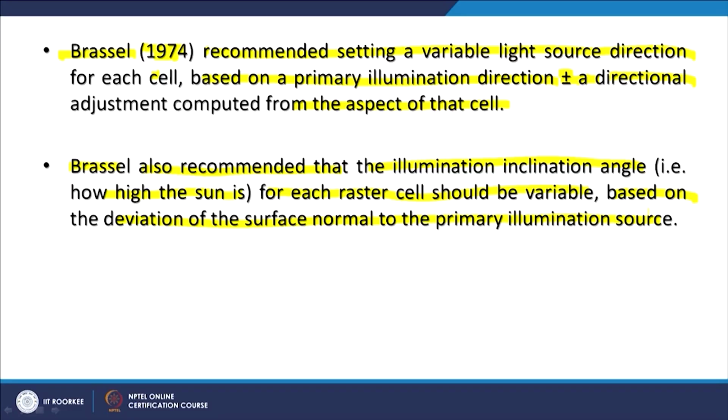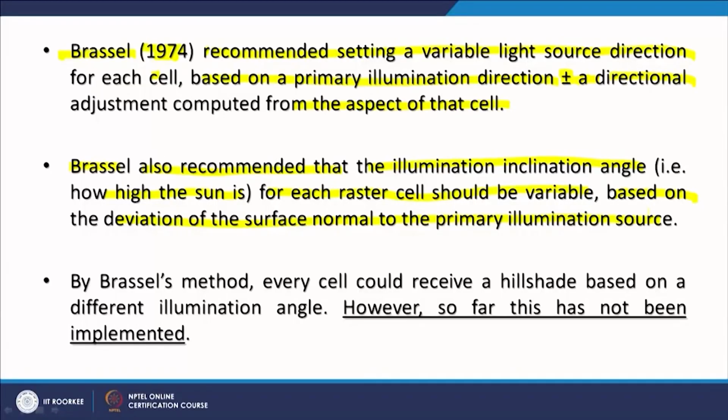So, if a sloping surface is like this, then this would be the normal. So, based on that normal, this illumination angle. Every time, for each cell, the illumination source is calculating illumination and surface normal for each sloping surface, and accordingly it keeps the source elevation, keeping this as the surface normal.